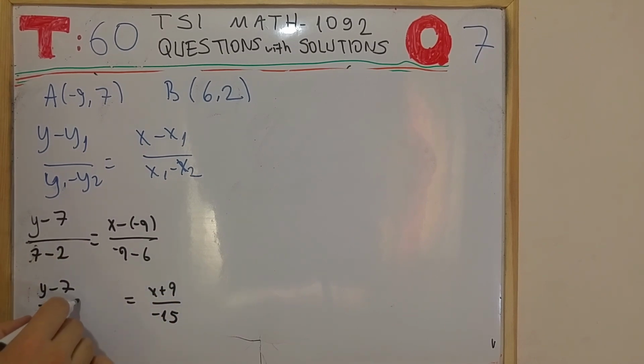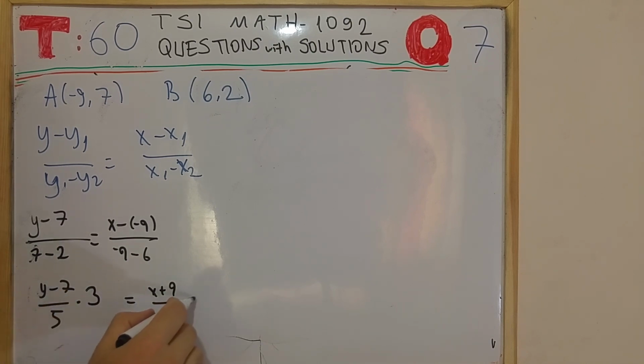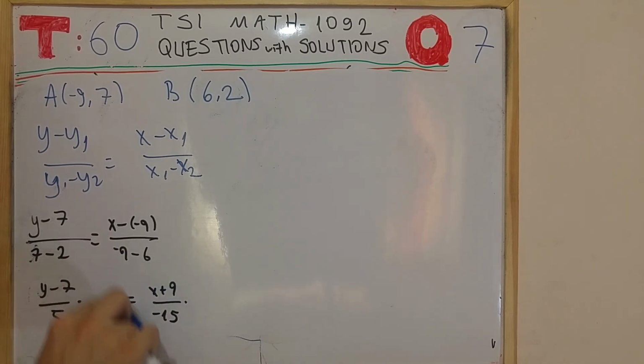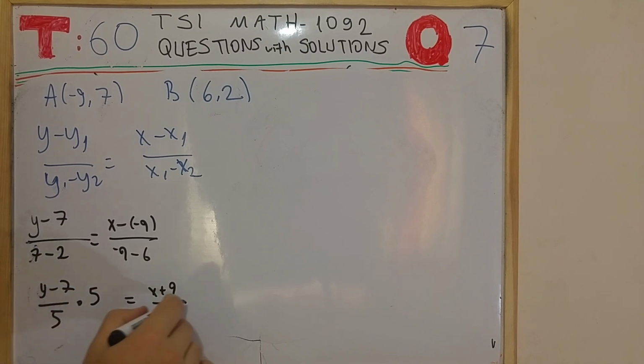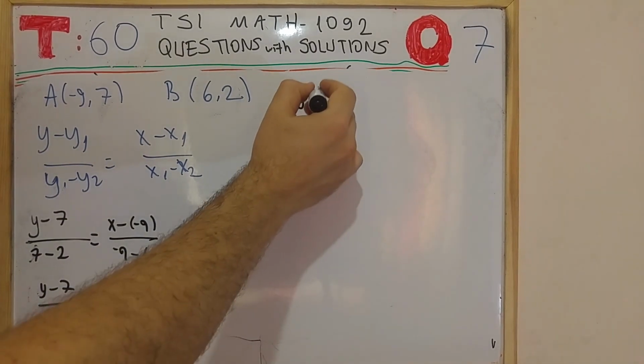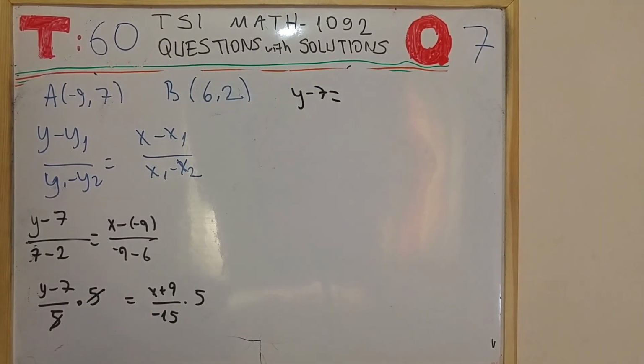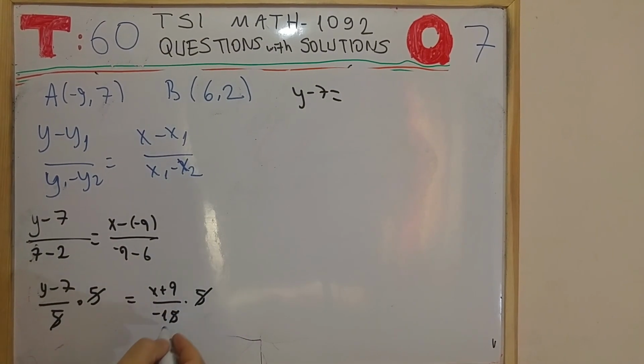Now let's multiply each side by 5. What I have is now y minus 7 is equal to, these simplifying each other, this is going to be minus 3 only.